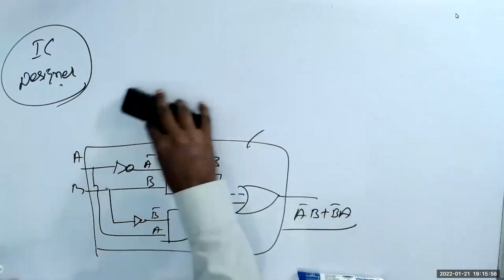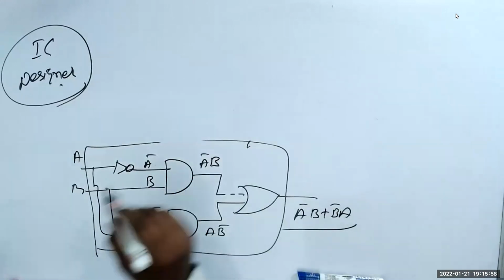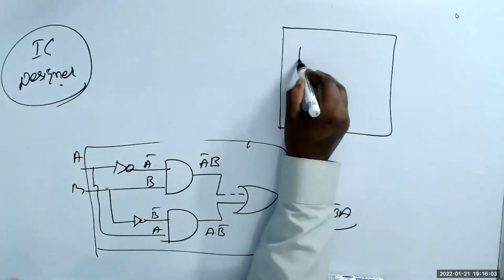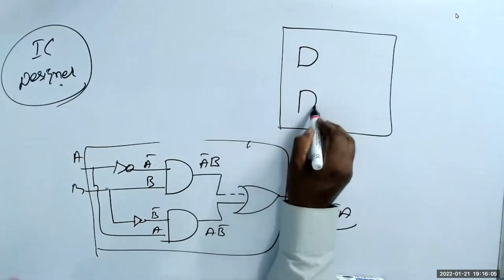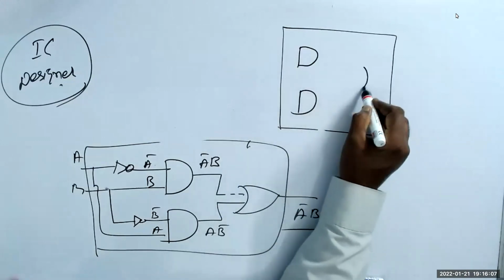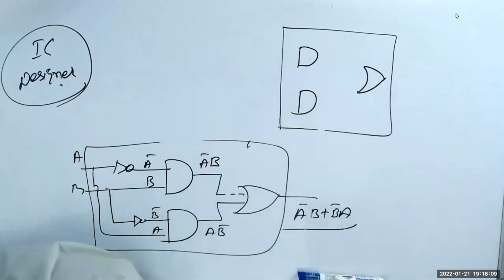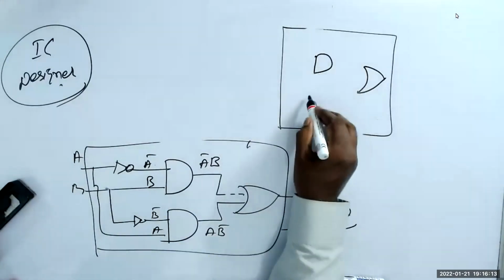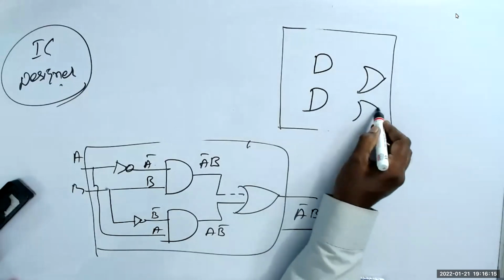But later, what the companies did was, they gave an IC where internally there are gates. A lot of gates, not only two gates, n number of gates.